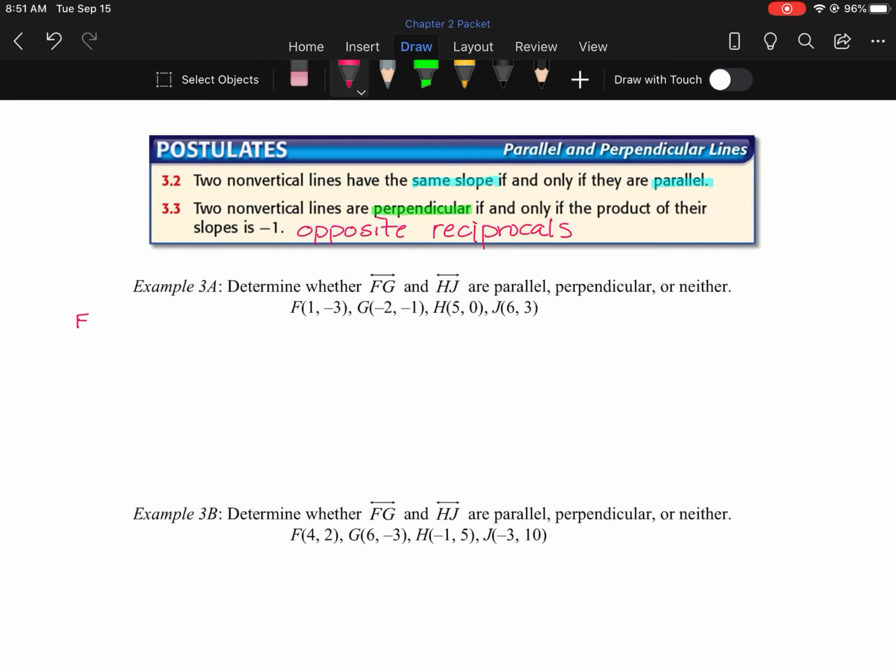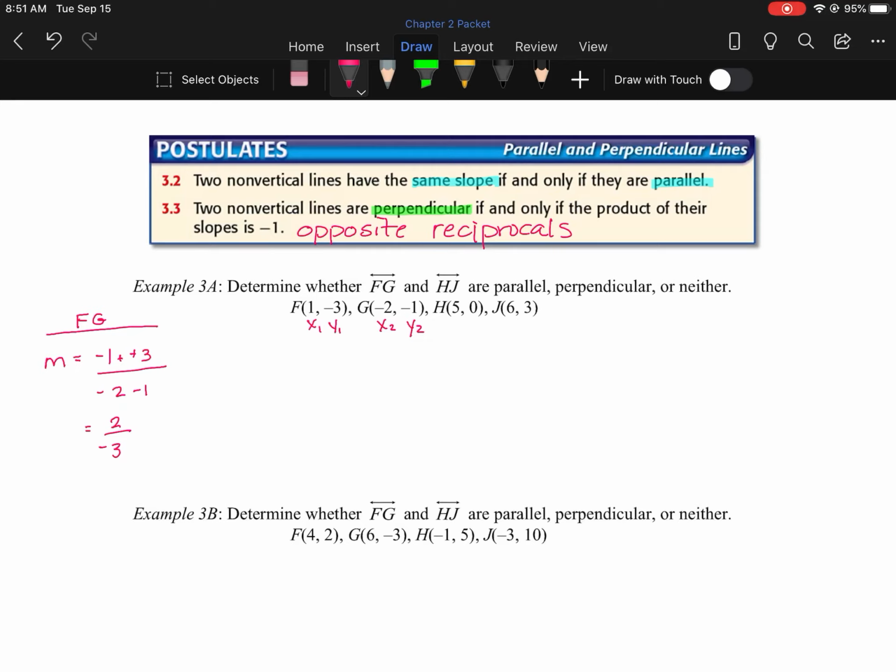So for our examples here, it says determine whether FG and HJ are parallel, perpendicular, or neither. So we're going to have to go through and find their slopes. So FG, x1, y1, x sub 2, y sub 2. So I'm going to do m equals -1 minus a -3 all over -2 minus 1. Change those two negatives to positive, so we get 2 over -3, which can't be reduced, so we're done with FG.